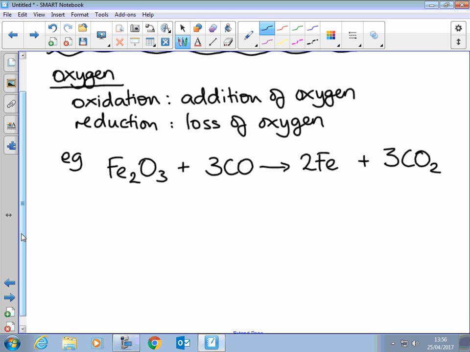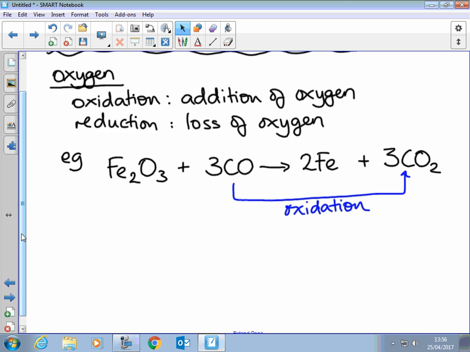So, where's the oxidation happening? What's having oxygen added to it? Yeah, the carbon monoxide is having oxygen added to it. So here's our oxidation. And at the same time, something is losing oxygen and being reduced.